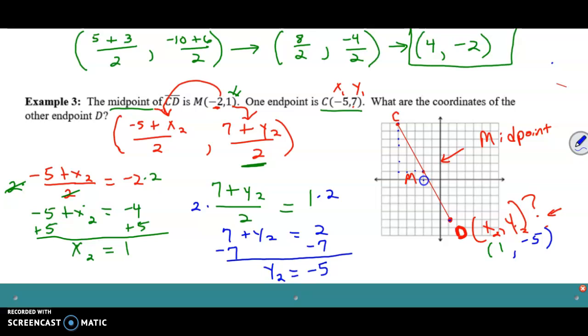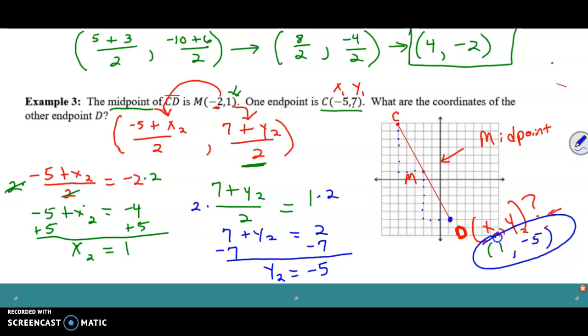So go down 1, 2, 3, 4, 5, 6 and right 1, 2, 3. So if you have some graph paper, you could just graph this and count the squares and know that your other endpoint is going to be the ordered pair 1, -5.